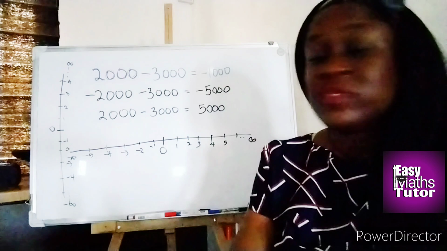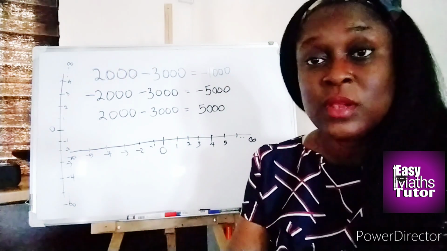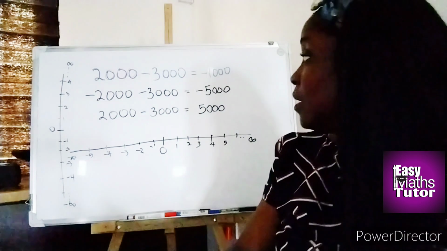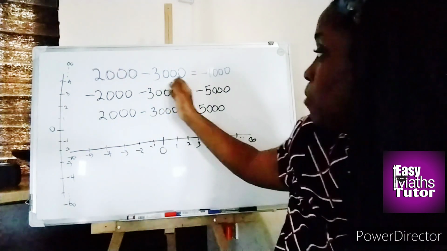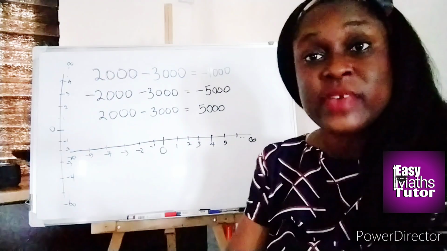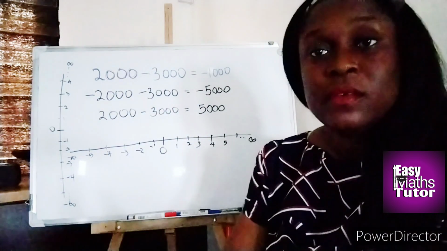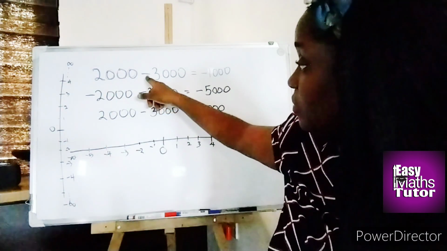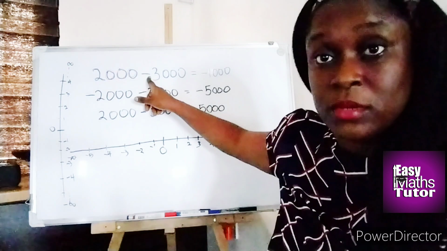So now I want to give us another method of calculating positive and negative numbers. If you have maybe the first scenario, and you find you have a negative sign in this summation, there's a negative sign in front of 3,000, okay?